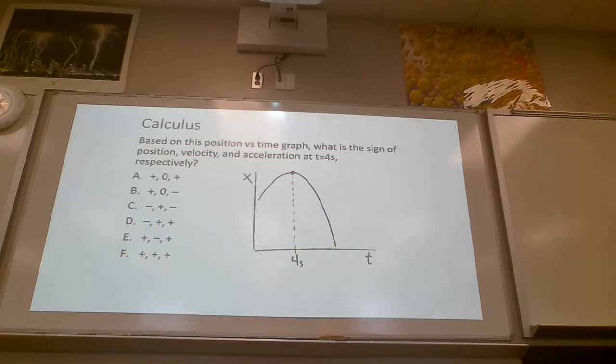Everybody see how with the second derivative, this is a frowning face? So this means that the acceleration is negative. You could also do a story: you're slowing down in the positive direction and then speeding up in the negative direction.